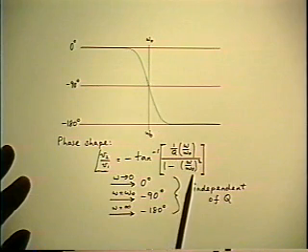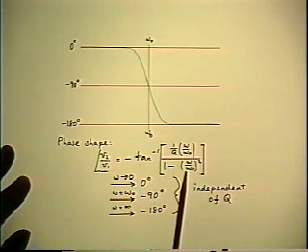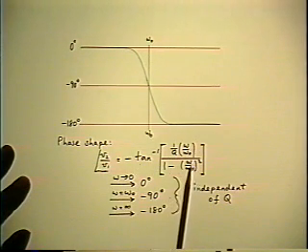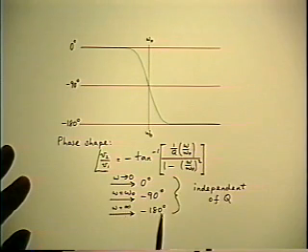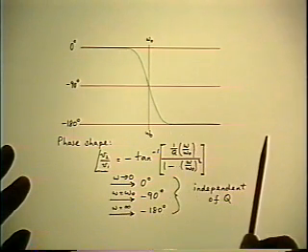For higher frequencies, the function gets small again. As you go to infinite frequency, arctangent of 0 coming in from the negative direction is minus 180 degrees. So again, you get a flat asymptote at infinite frequency.